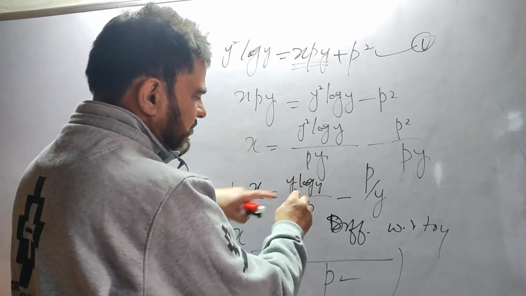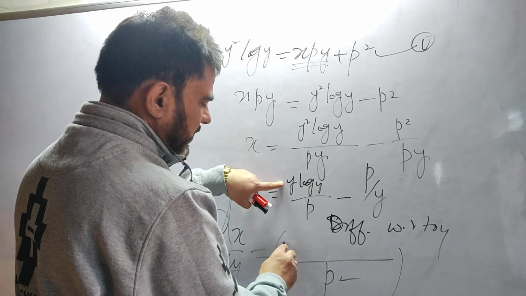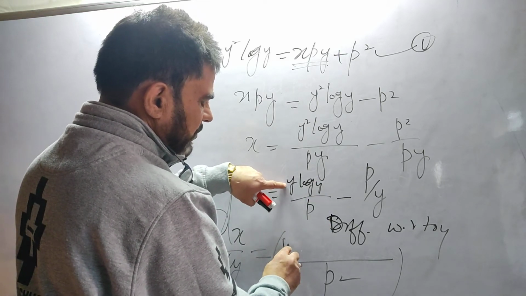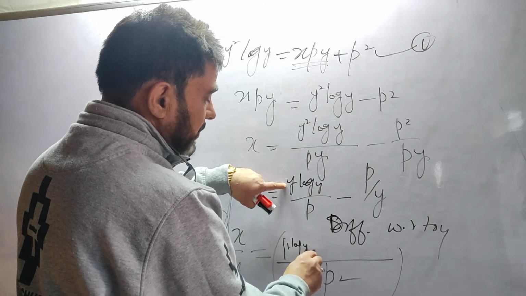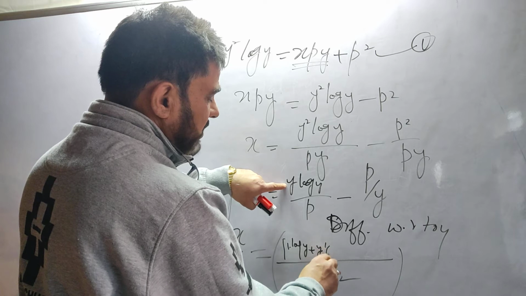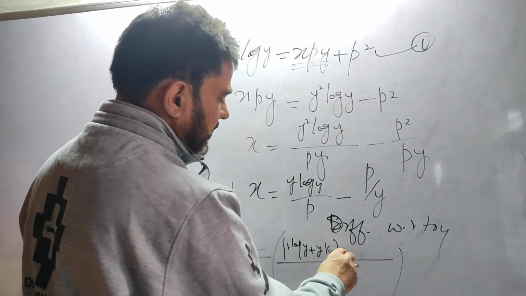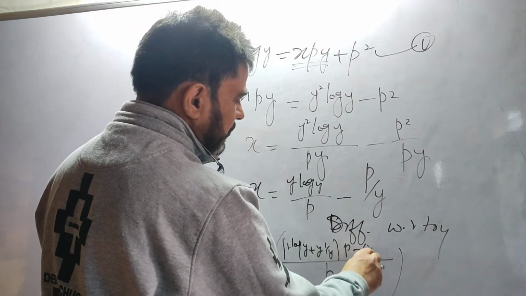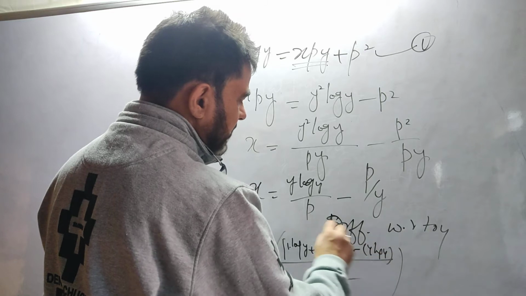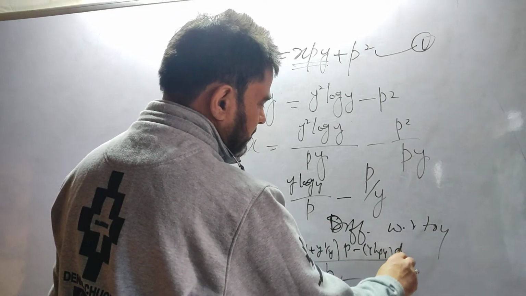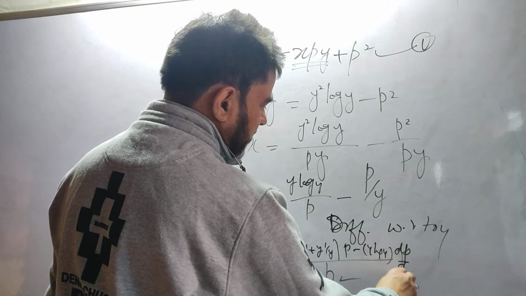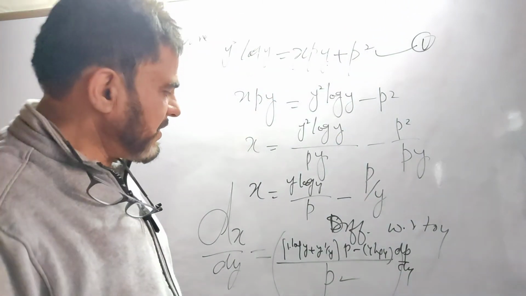Then derivative of y log y with respect to y: derivative of y is 1, log y as it is, then plus y, derivative of log y is 1 by y, p here as it is, then plus y log y as it is, first derivative of p is dp by dy.